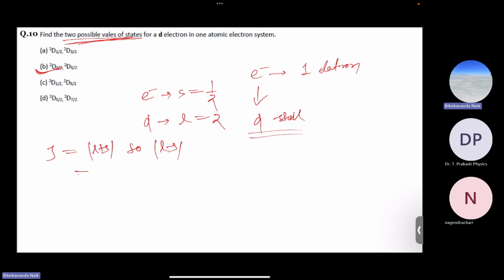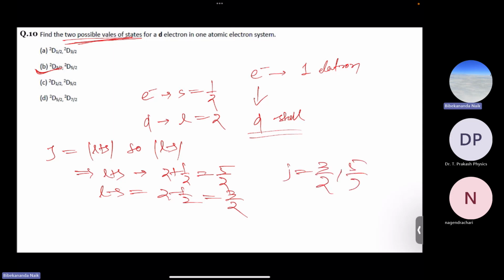L plus S is 2 plus half, which is 5 by 2, and L minus S is 2 minus half, which is 3 by 2. So there are two values of J: 3 by 2 and 5 by 2. For these values, L is 2 and S is half.